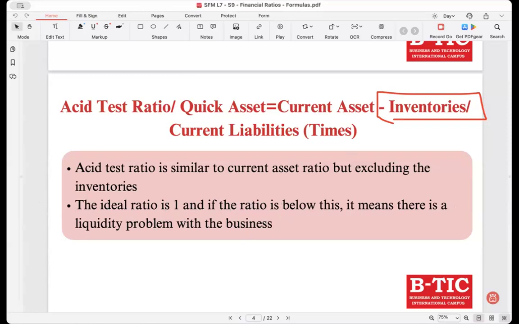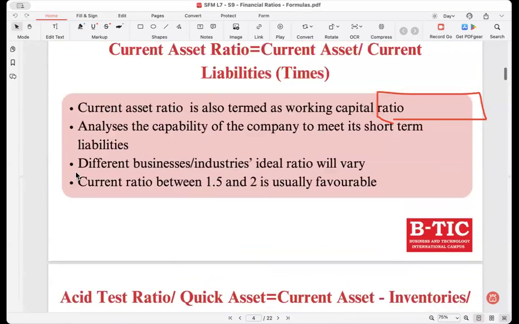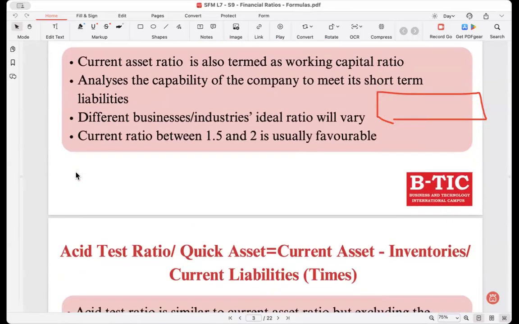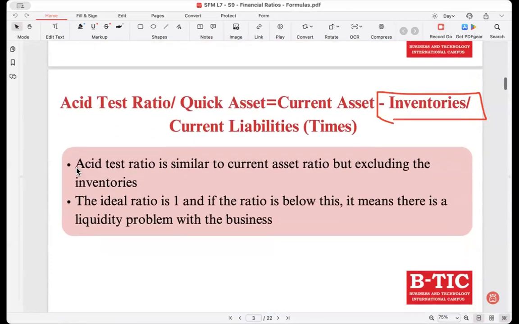If the ratio is below this, it means there is a liquidity problem with the business. And if it is more than 1, that is also a problem. It should not be too high and it should not be too low. Same with the current asset ratio. The ideal or favorable ratio is between 1.5 and 2. If it is less than 1.5, it is a problem. If it is more than 2, it is a problem.